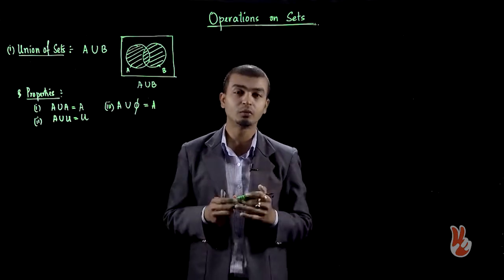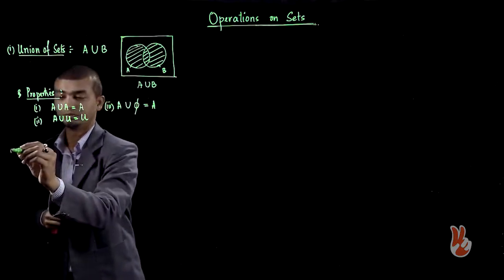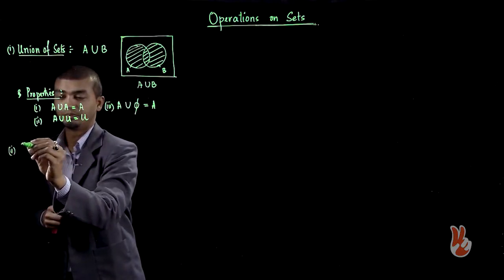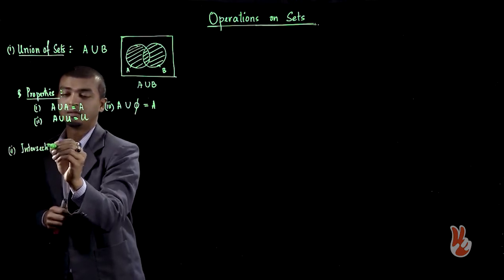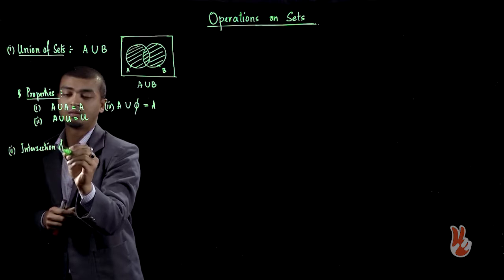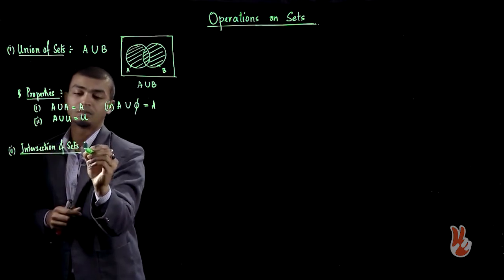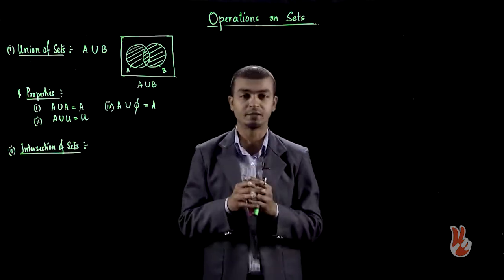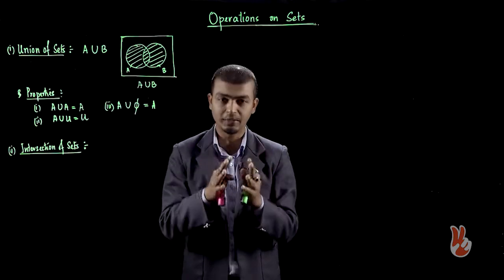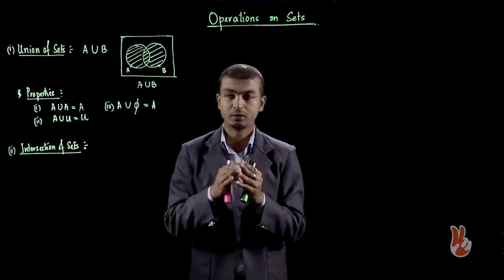Now, let us move to intersection of sets. Number 2, intersection of sets. Now, when I talk about intersection of sets, then it is the set of elements which is common to both the sets.